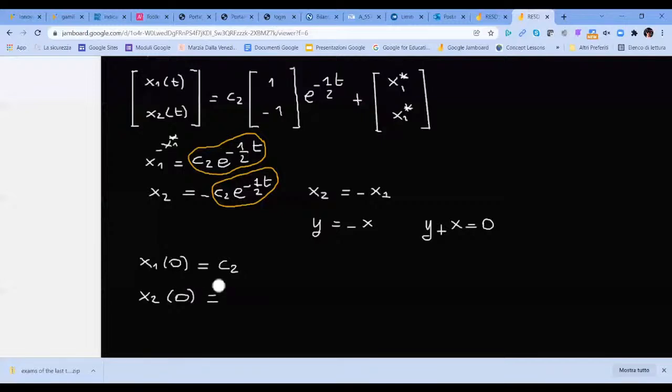And as you can see, there is a multiple of our eigenvector that we computed in the previous computation.